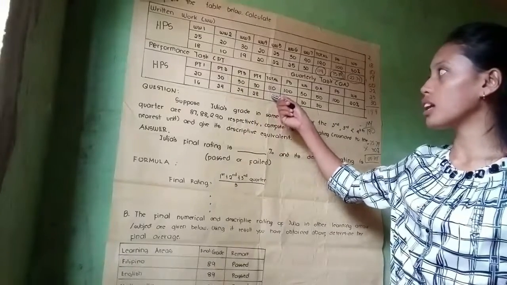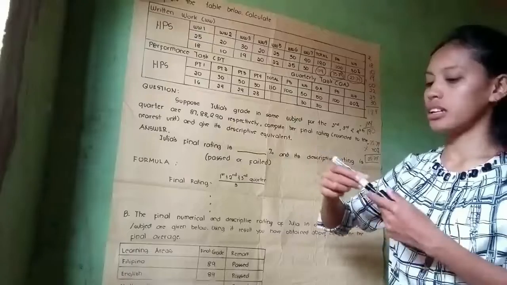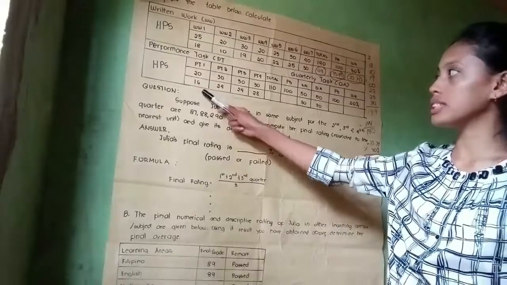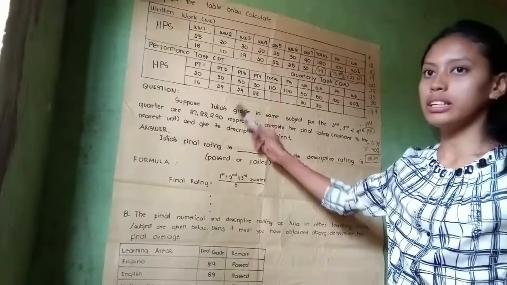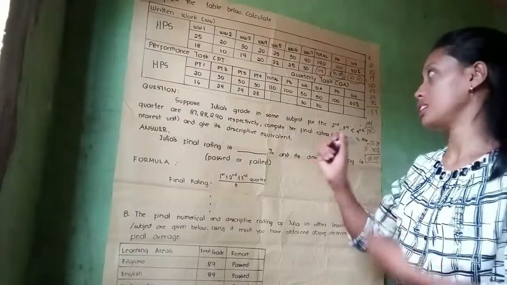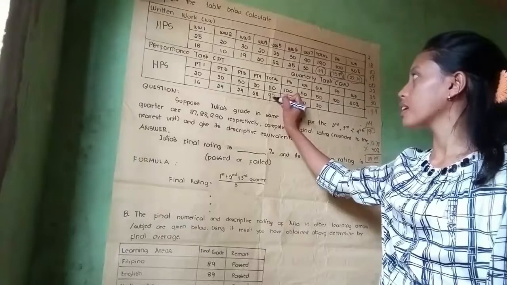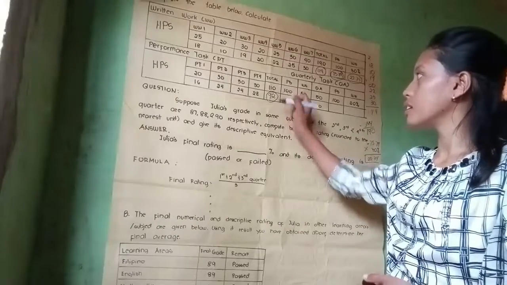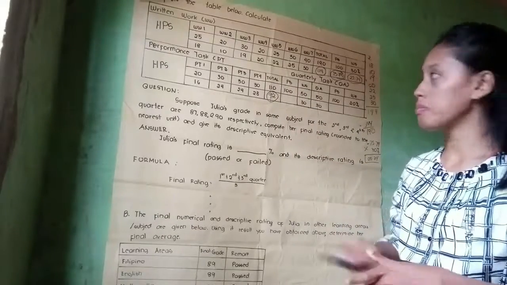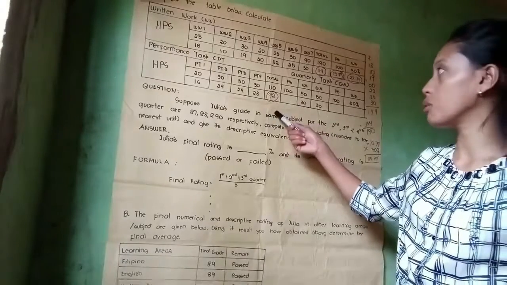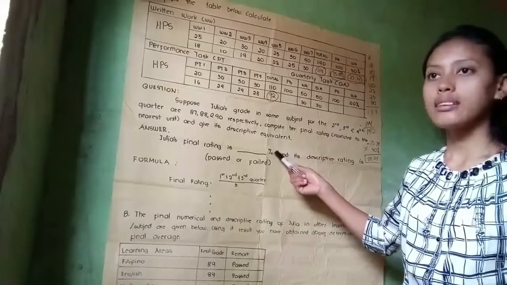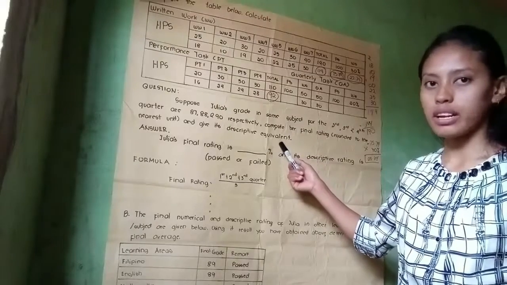To get the total, we will add also these: 4, 16, 24, 24, and 28. The total would be 92. And for the possible score, we will divide 92 by 110 times 100%.